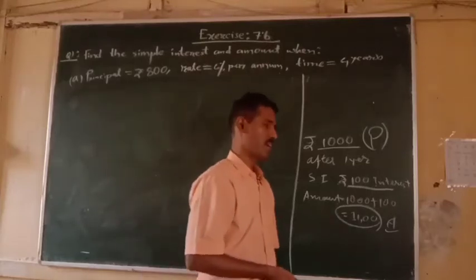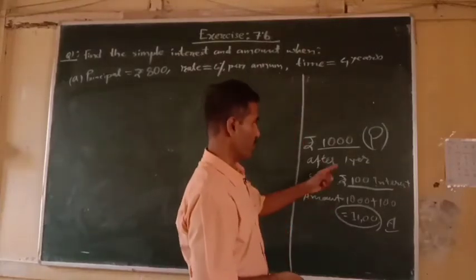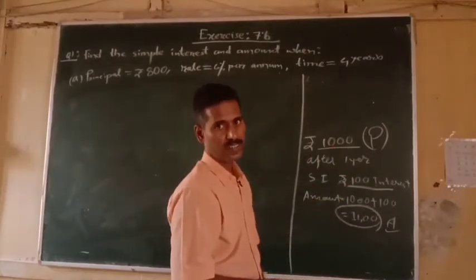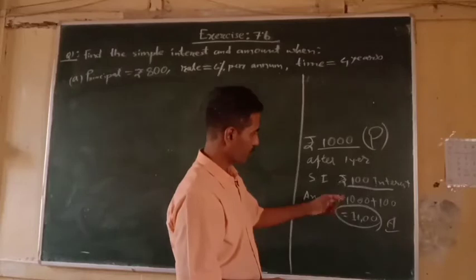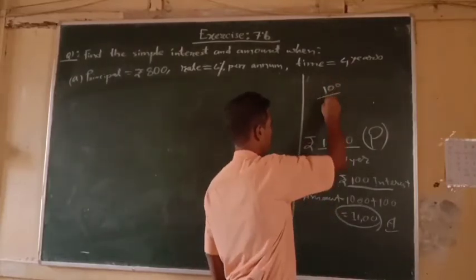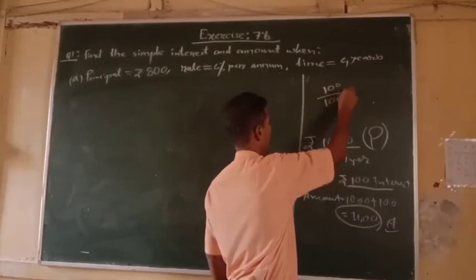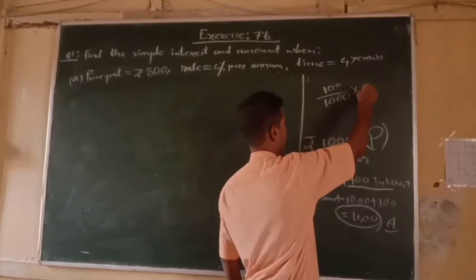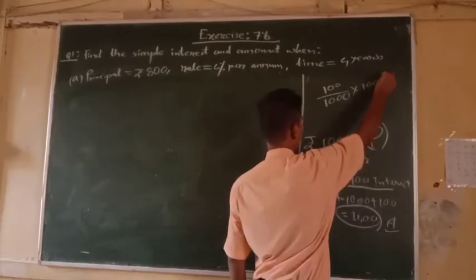By keeping 1000 you got 100 rupees. That means 100 out of 1000 into 100%.